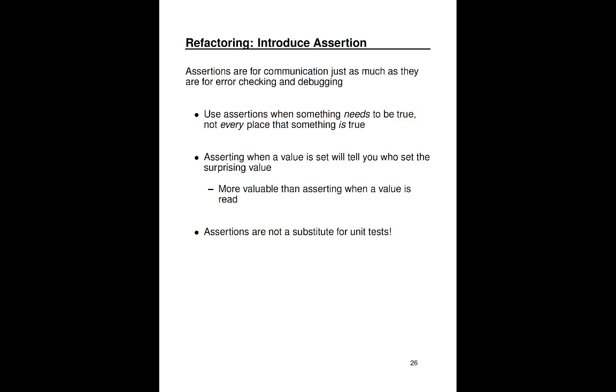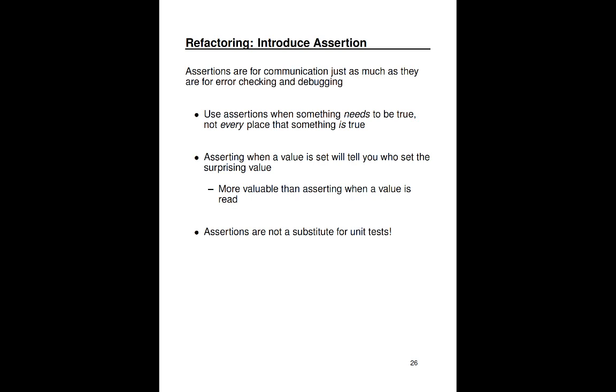And again, while assertions are valuable for error checking and debugging, the real value comes in the communication they provide to the reader of the code. But you should use them appropriately sparingly. Right? You don't need to have an assertion for every place that something needs to be true. Assertions are most effective when they convey something that needs to be true, ought to be true, or is assumed to be true.